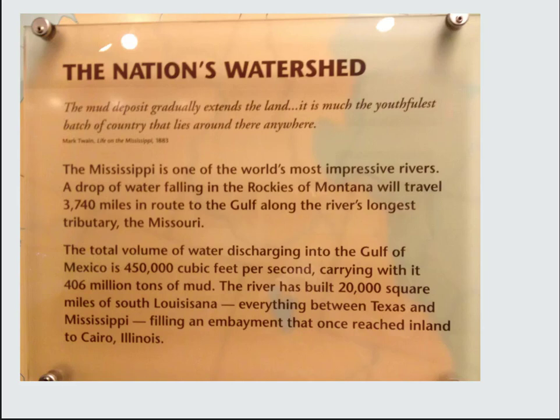And it brings a lot of sediment, 406 million tons of mud. And if you think about it, where does that mud go? It goes to the mouth of the river where it builds up land. So all this part of South Louisiana has been filled in by sediment carried by the Mississippi River.